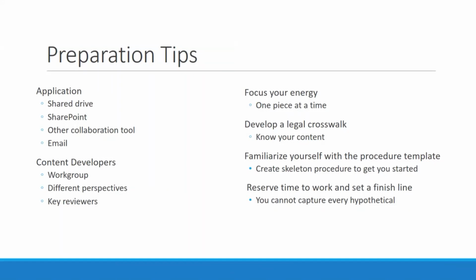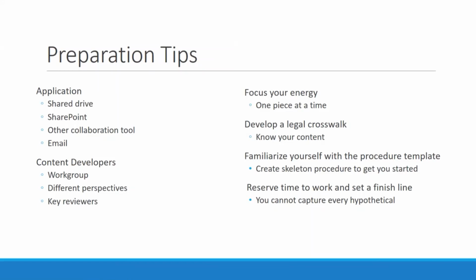I suggest maybe developing a legal crosswalk. And when I say that, all that is, is an Excel spreadsheet. I have created a template that I will upload to the intranet site, but it's just a crosswalk that says, here are my CSRs that are applicable. I have an MOU that talks about this. I have a federal regulation. I have this manual. I have this, I have that.